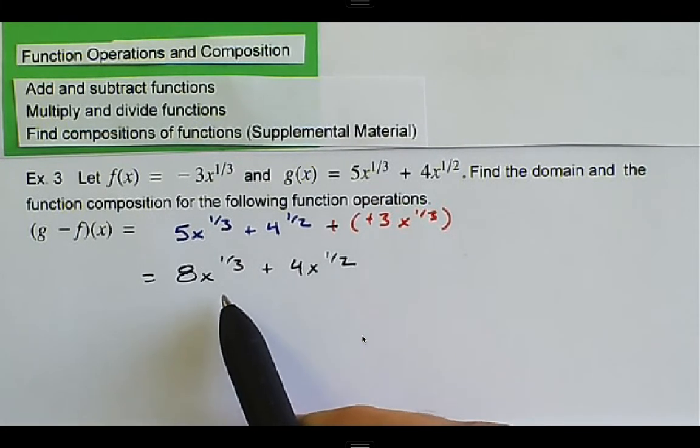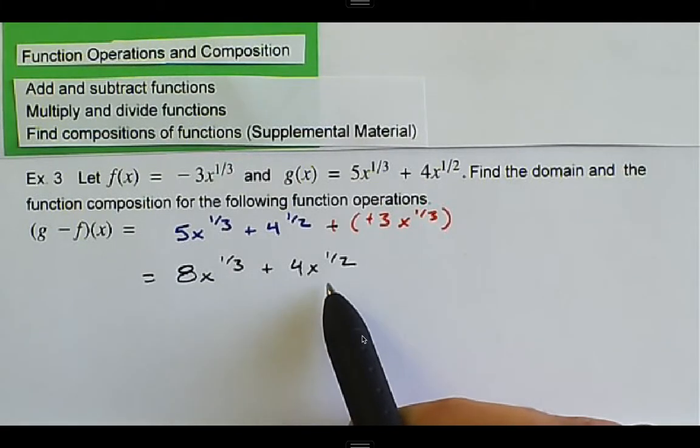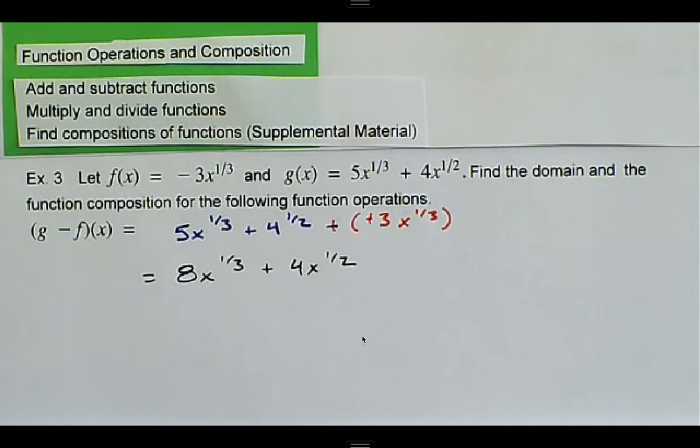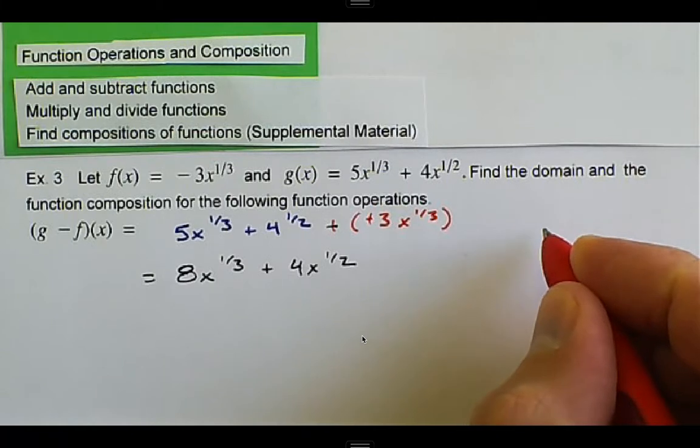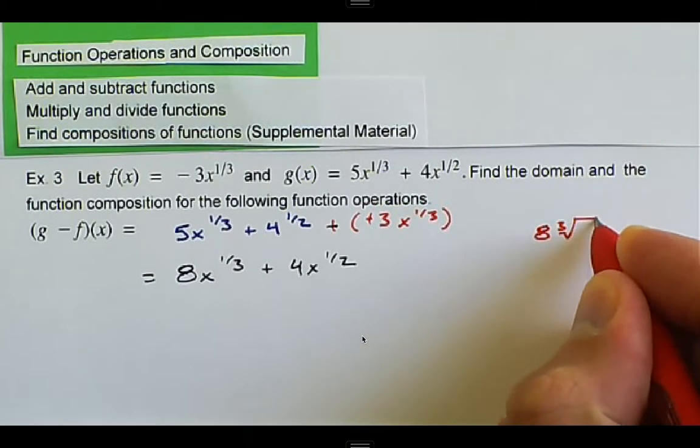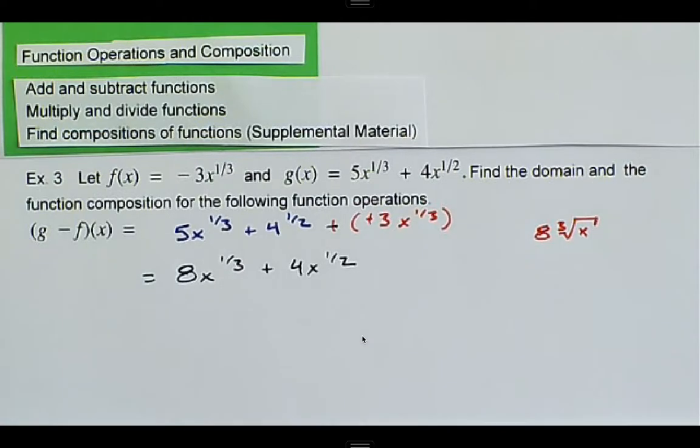And so if we're looking at this, the cube root doesn't limit our domain. However, the square root does limit our domain. So we'll write this out over here. So that doesn't limit our domain.